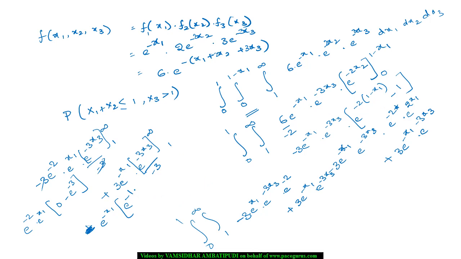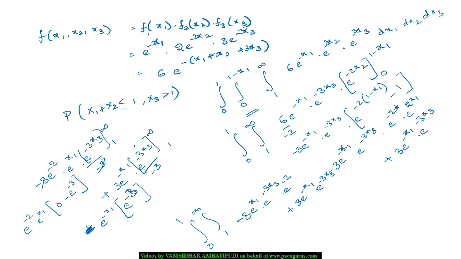So e to the power of minus x1 into e to the power of minus infinity we have taken as minus infinity, so it is minus 3 e to the power of minus x1 into e to the power of minus 3.